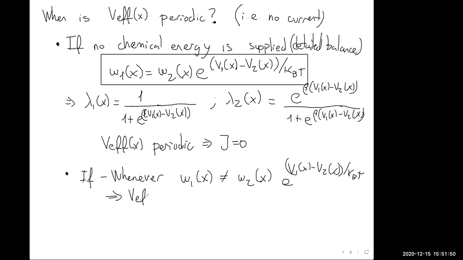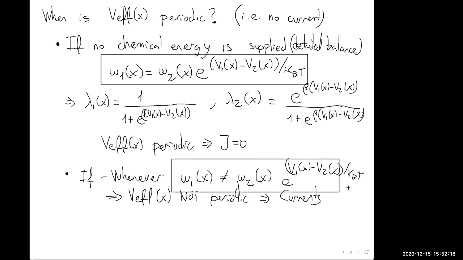So the effective potential V of x is not periodic, and there will be currents. And this can be done with ATP. I don't have so much time today, but in the next lecture, I'll show you in a model how ATP enters here. I mean, this is a very precise condition, but in general, you won't have it fulfilled. They are different. In this case, you will have current.